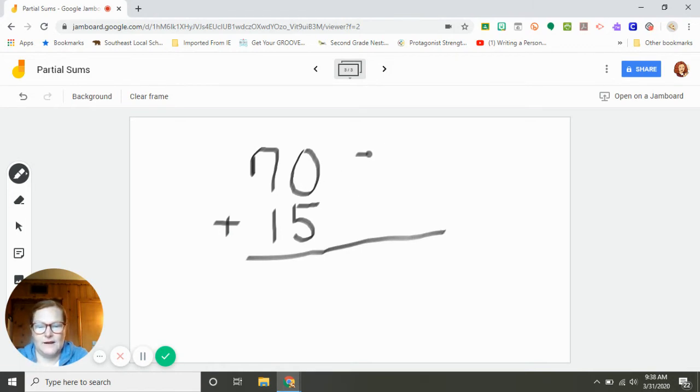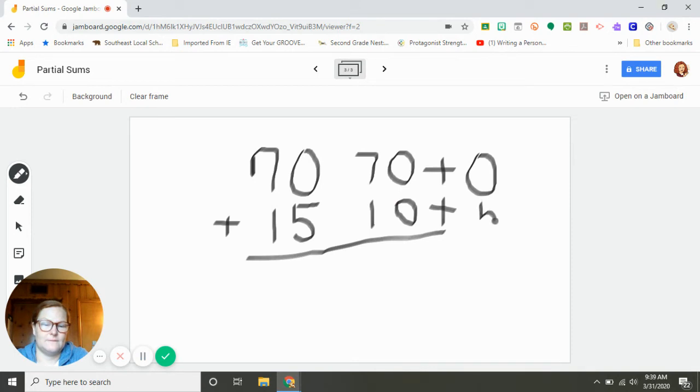70, well, right now we know it's 70. And how many ones do we have? We have 0 ones. And then how many tens do we have? We have 1 ten. 1 ten is worth 10. And how many ones do we have? We have 5 ones.